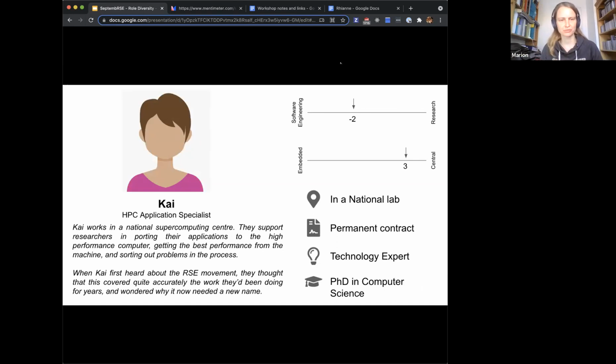Kai was an interesting one because there was a bit of a controversial twist on that. They wondered why the RSE community as such exists, and whether that's not what people have done for a long time already in the HPC community. I had two very different conversations on this topic, one with someone from the HPC community and one with people who are not that much in the HPC community.